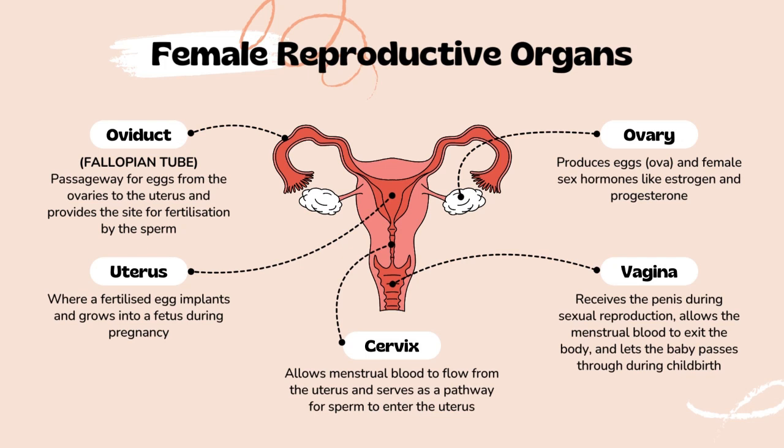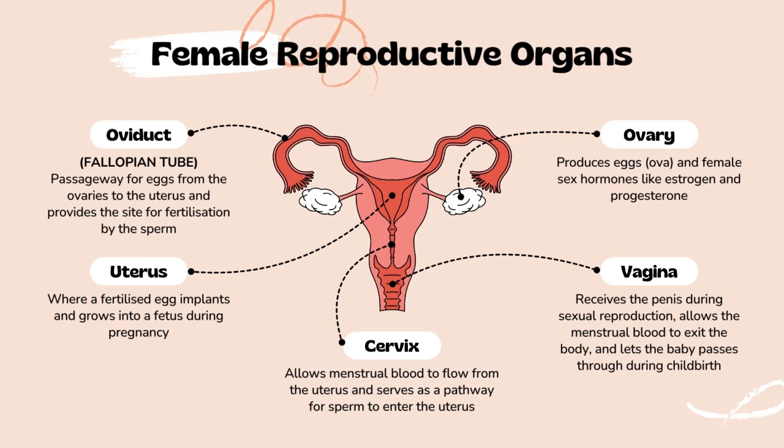I will talk about the female reproductive organs. Firstly, we have the ovary, which produces eggs and female sex hormones like estrogen and progesterone. Next is the oviduct, the fallopian tube, the passageway for eggs from the ovaries to the uterus, which provides the site for fertilization by the sperm. Then we have the uterus, where a fertilized egg implants and grows into a fetus during pregnancy.